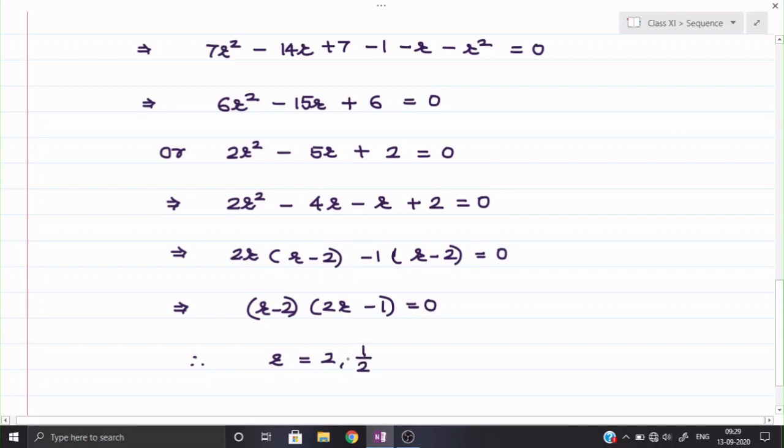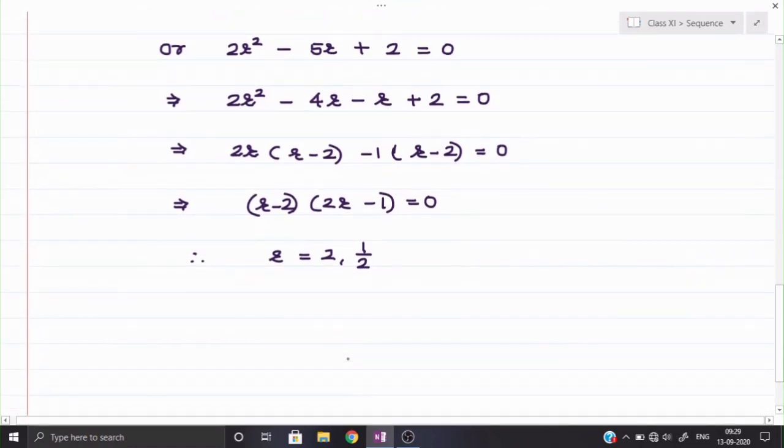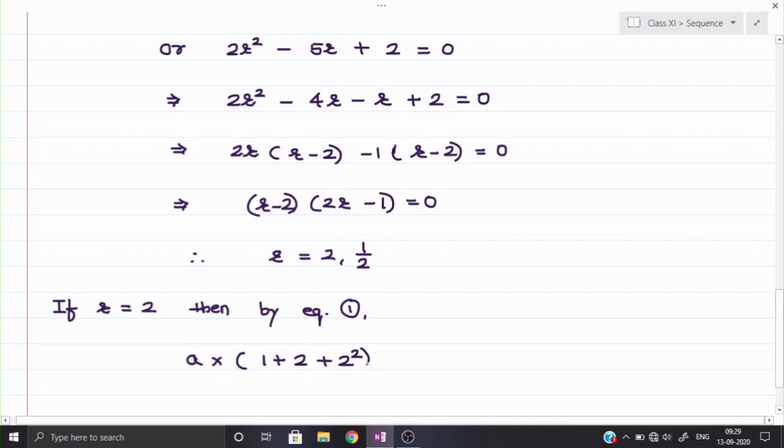Now the value of A we shall find out. So I will put the value of R one by one, either in equation 1 or you can put in equation 2 also. So I am taking equation 1. First, if the value of R is equal to 2, then by equation 1, A into the bracket 1 plus R square, means 1 plus square of 2, is equal to 56.